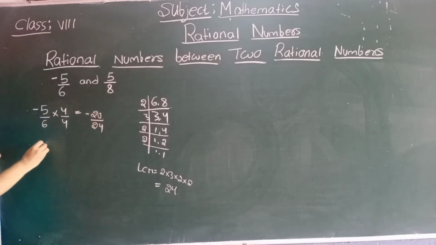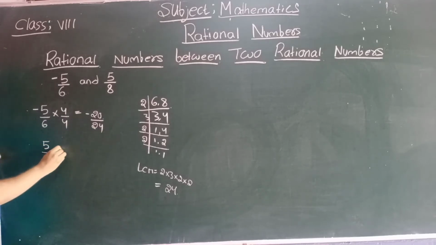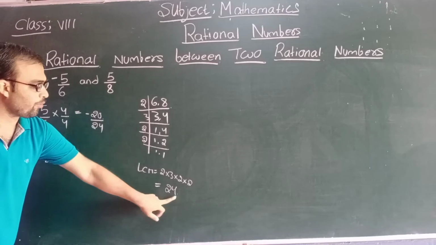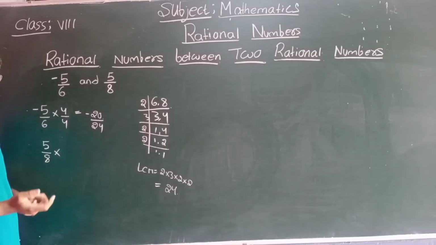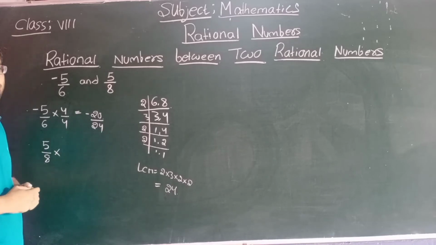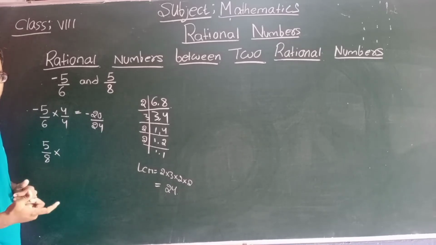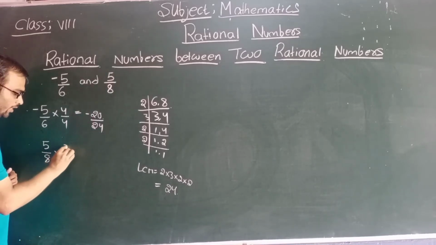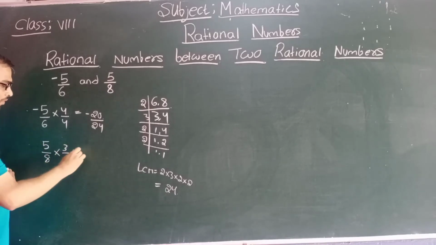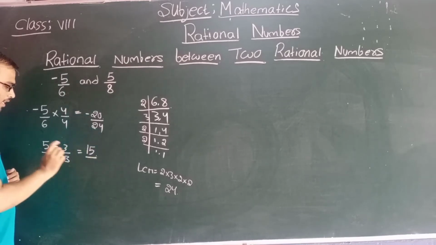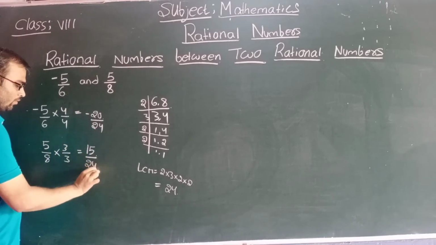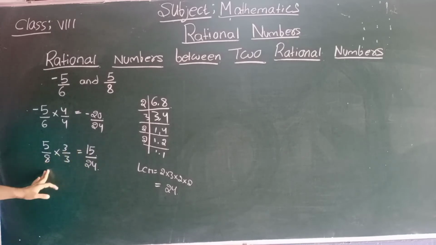Now take this one, 5 by 8. Here the LCM 24 is there. The denominator is 8. Then what do you need to multiply to 8 so that you can get 24? 3, no? 8 3s are 24. So here multiply 3 by 3. 5 3s are 15 and 8 3s are 24.